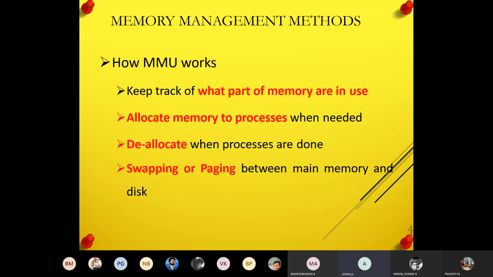So next is the memory management unit: how to allocate and deallocate, and swapping and paging. Swapping and paging, as I told, is used when the main memory is full and I can't do any operation. Further, if any task is assigned, I will use the secondary memory. The main memory is the RAM, which is available inside the processor, and the secondary memory is the hard disk, which I'm connecting externally.